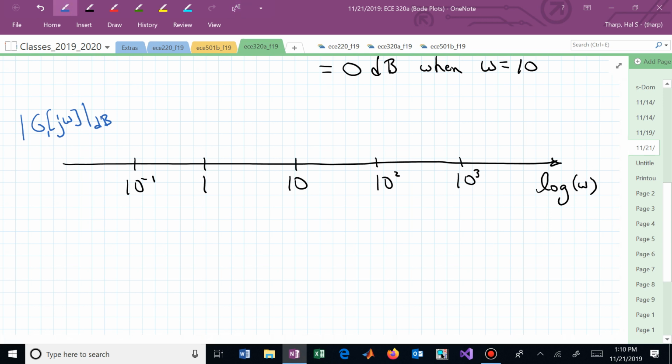So now we are 0 dB, if I now label this as 0 dB, until we hit 10. And after 10, now we're going down with a slope, because it's just one of these factors, 20 dB per decade. So if I just say this is 20 dB and this is now 40 dB, I would just connect those dots.